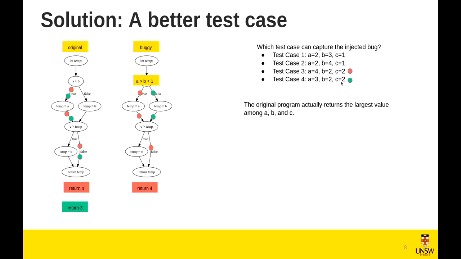And because the value of c is exactly 2, and 2 is not larger than 2, so it will take the false branch again, and it will return 2. So we can see that we can find the bug here. Assume that we do an assertion to check the return value with the largest value of a, b, and c. So we will find the bug with test case 4.